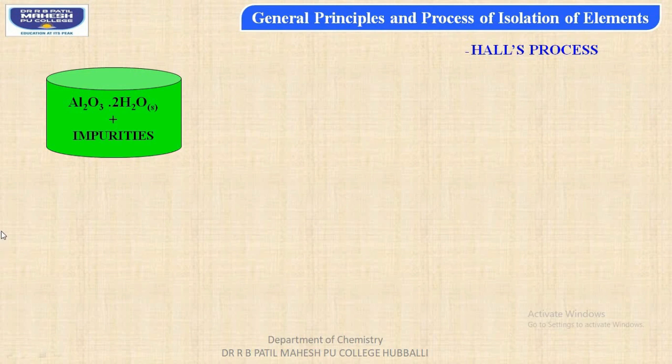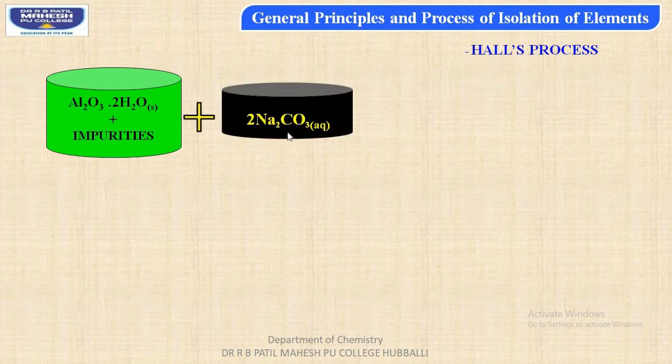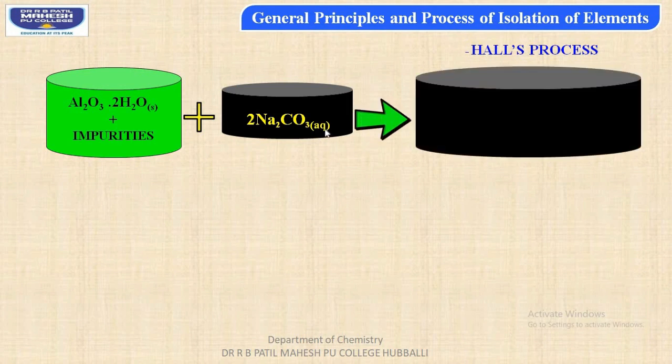In this, students, aluminium oxide along with the impurities is treated with a different reagent, that is aqueous sodium carbonate solution. So you are getting products as carbon dioxide, sodium meta-aluminate and water molecule.